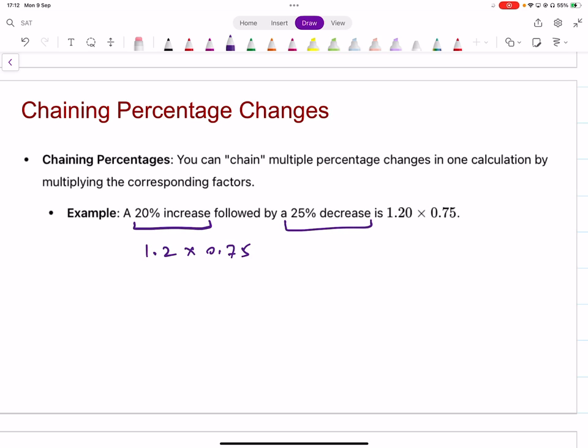Let's say you start from x, you can just multiply x by 1.2 and then 0.75, and you will get the final result. So 1.2 times 0.75 means you're increasing it by 20% and then decreasing it by 25%, and that should give you the final result directly. Okay?